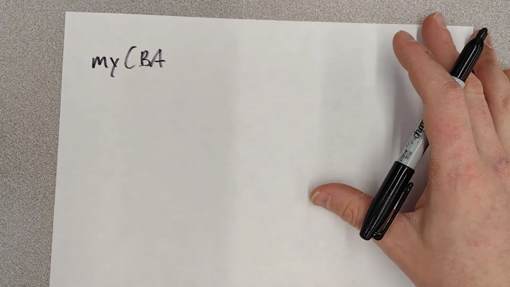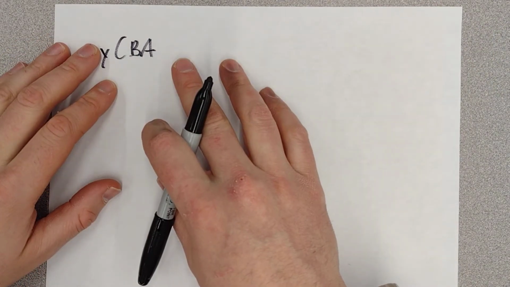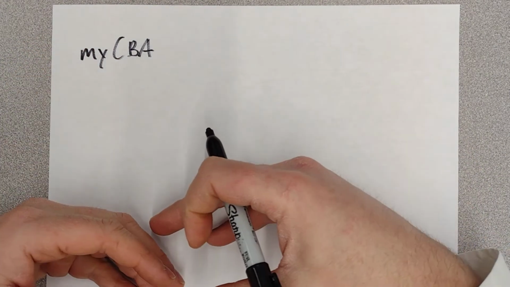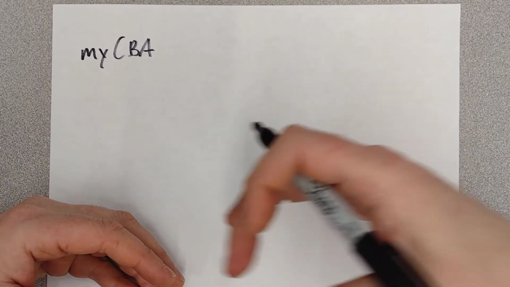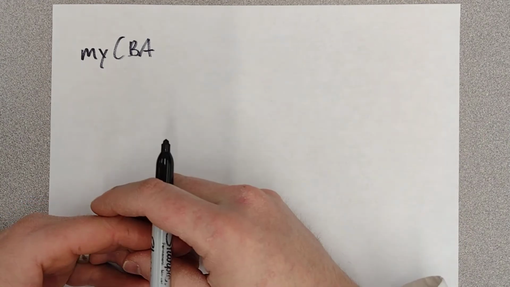So you're going to go to My CBA. It's going to be a midterm assignment in there. You're going to click it. It's going to give you some instructions and bring you to the first question. Basically, the first question, or even the instructions, will probably have a link to the Google form.